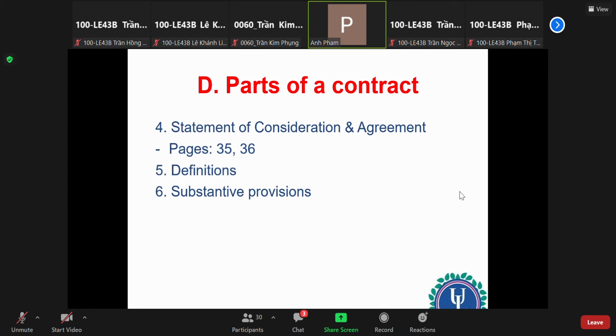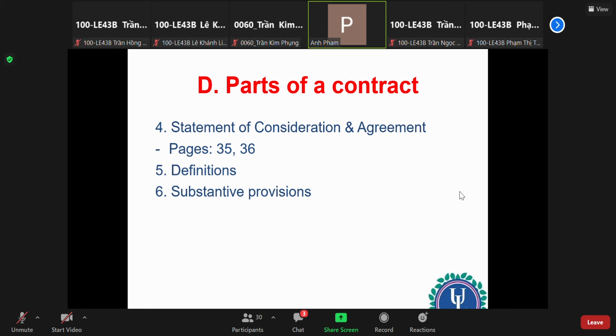Yeah. The next one is the statements of consideration and agreements. Now you can look at pages 35 and 36. And you can see the paragraph saying, "now therefore," or "in consideration of."